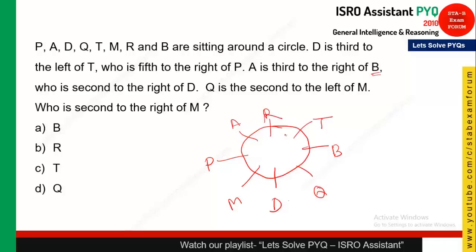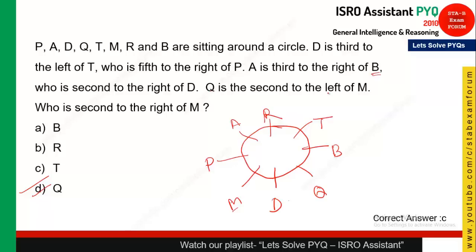Who is second to the right of M? 1, 2. Q. So option D should be the correct answer. Let me see. Sorry, we have made a mistake.